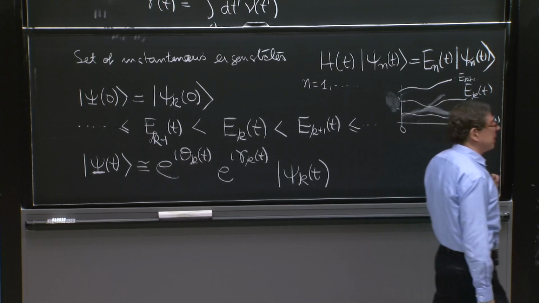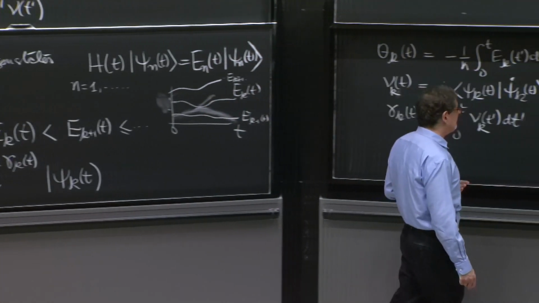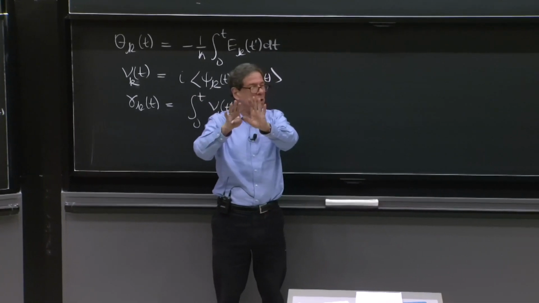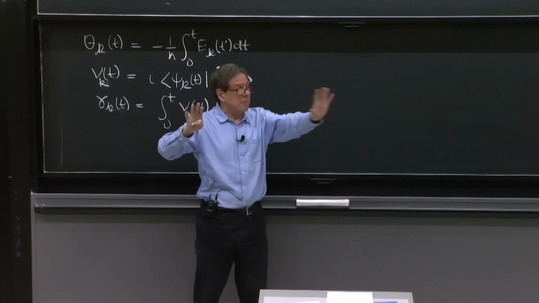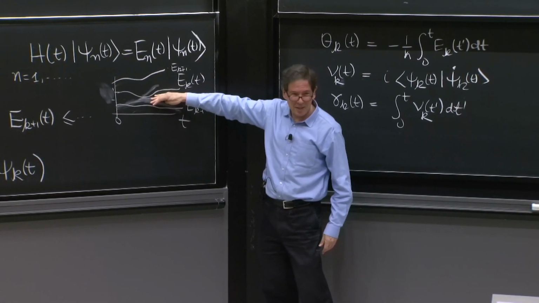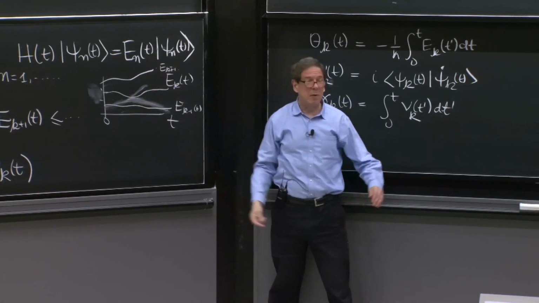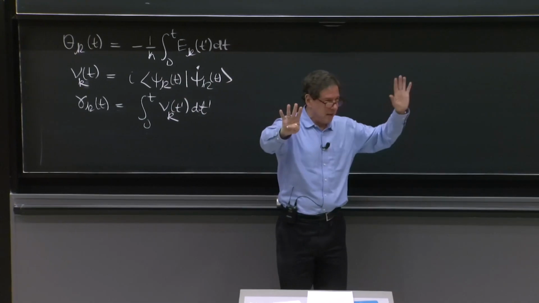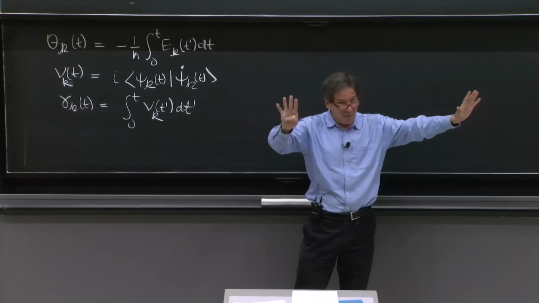The overall phase of a state doesn't make any difference. But if you have a system that is in a superposition of two quantum states, one corresponding to one instantaneous energy eigenstate and one corresponding to another. So there's psi equal to psi1 and psi2, one for each.